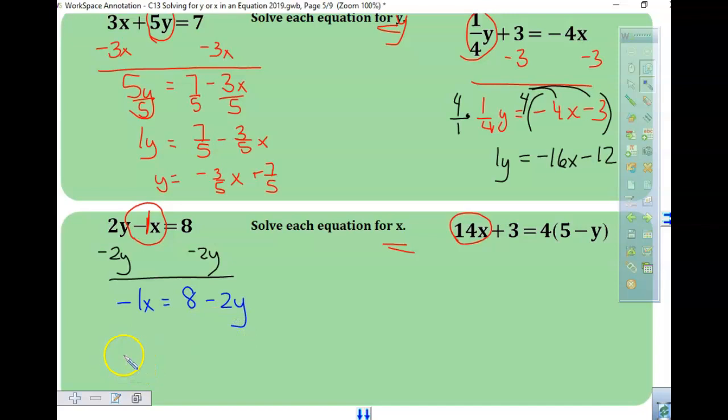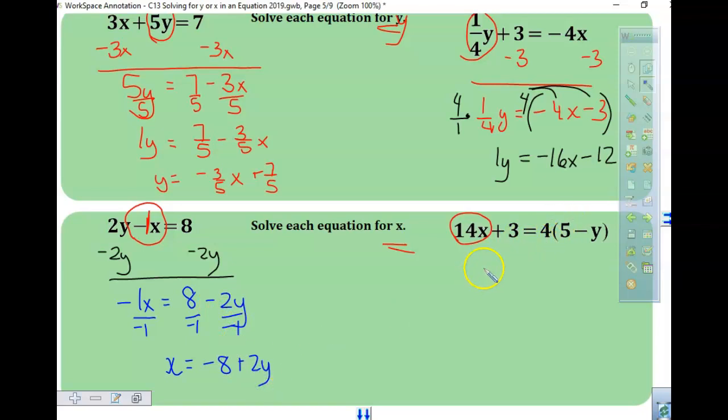And a lot of people will say at this point, oh, if we are solving for the x, it's already x, but it's not. It's a negative 1x. So now we need to divide each term by negative 1. So that my final answer is going to be x equals negative 8. Negative divided by negative will give me 2y.